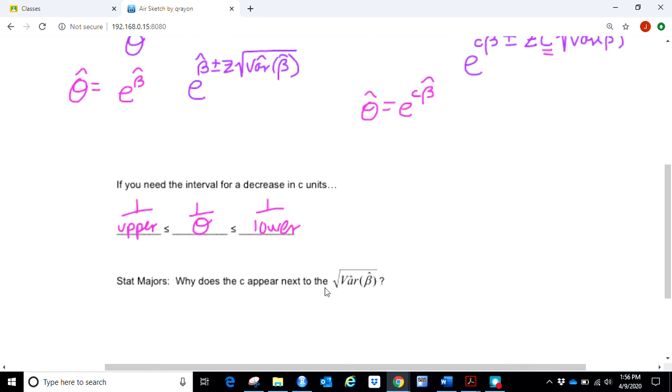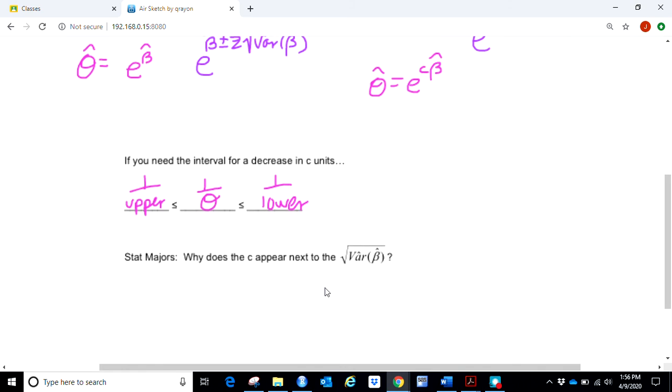Again, for my math and stat majors, or those that have taken like a 250 class, why does that c appear next to our estimated variance of beta hat?